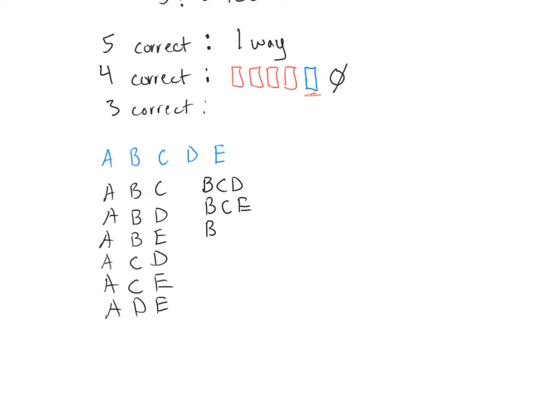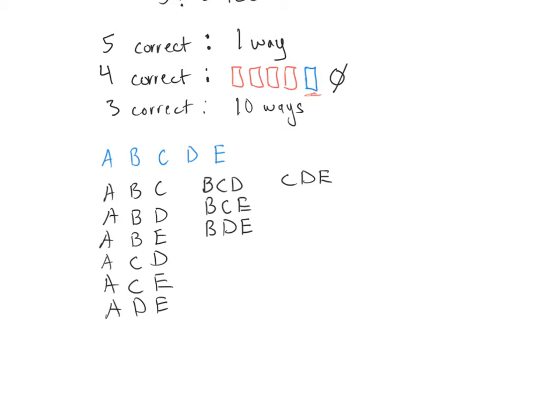B, D, E. And the last one, C, we can do C, D, and E. From that, if I counted, there are 10 ways in which we can do only 3 correct payroll checks.